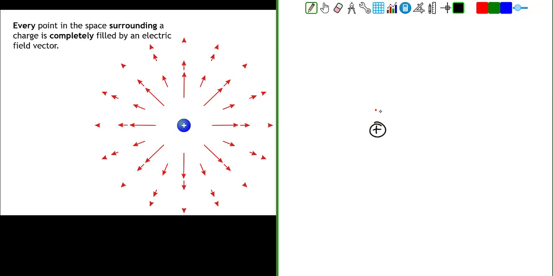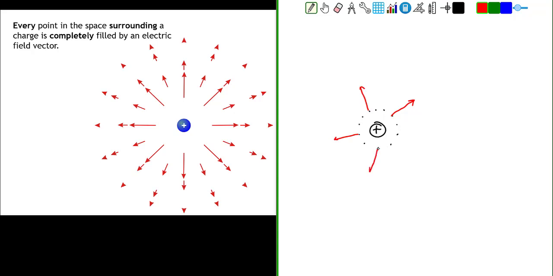At every point in space completely surrounding this positive charge, there is an electric field vector at that point. That electric field vector has a specific magnitude and it acts in a specific direction.